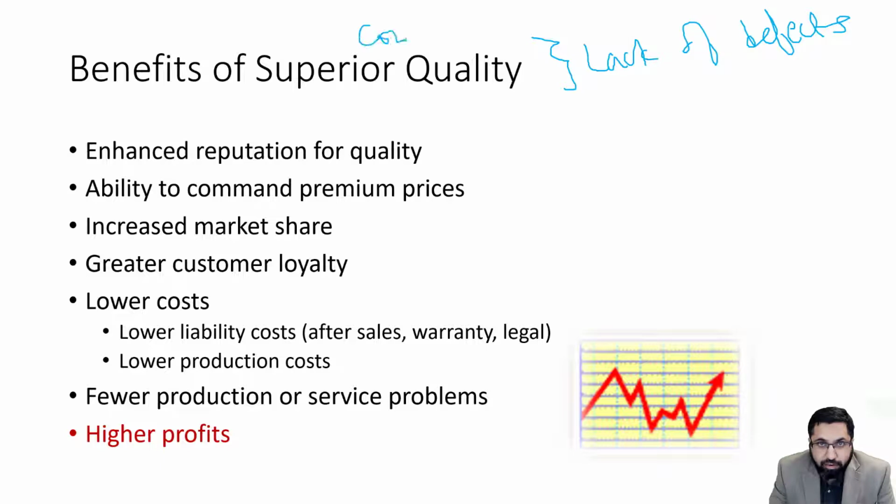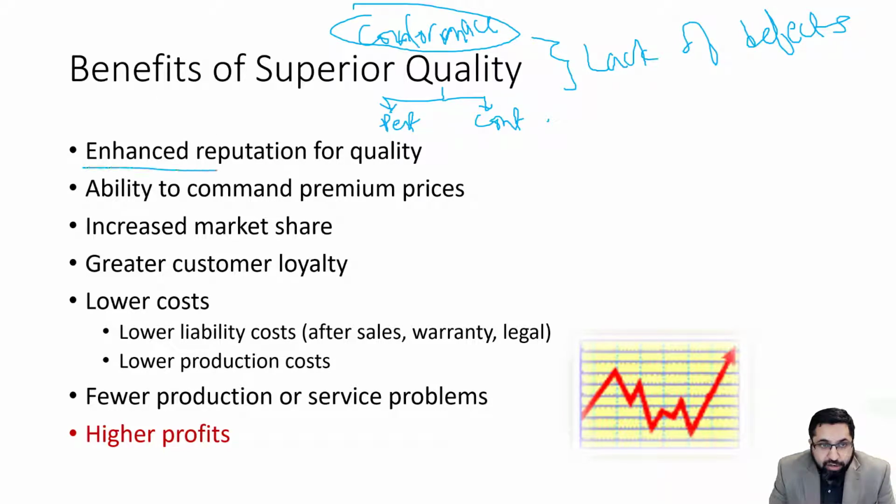Here we're talking about conformance quality, not product features, although that is part of quality as well. If you remember our discussion of competitive priorities, we talked about quality having multiple dimensions, two of which were performance and conformance.